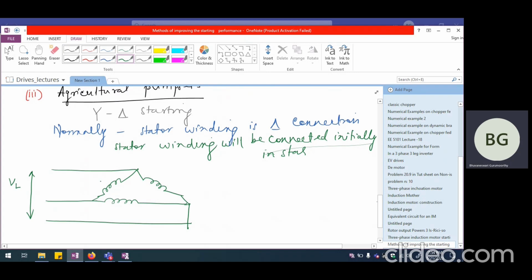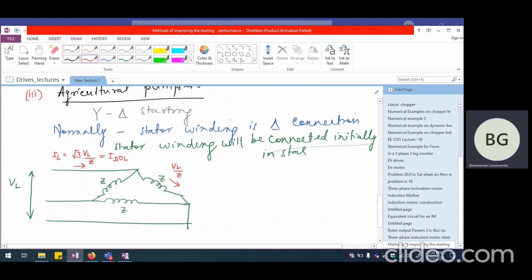So if I call this impedance as Z, this is also Z and this is also Z. The current that is drawn by the induction motor phase winding is going to be VL divided by Z. So each of them is going to carry an RMS value of current which is corresponding to VL divided by Z. So the line current, what I look at, will be √3 times VL divided by Z. So the current that is drawn by the delta connected stator winding will be √3 VL by Z. So this is going to be I_DOL.